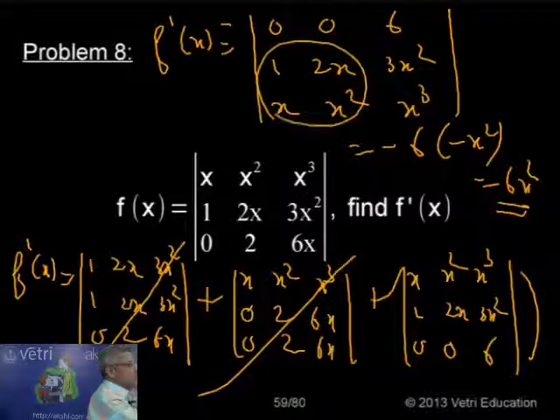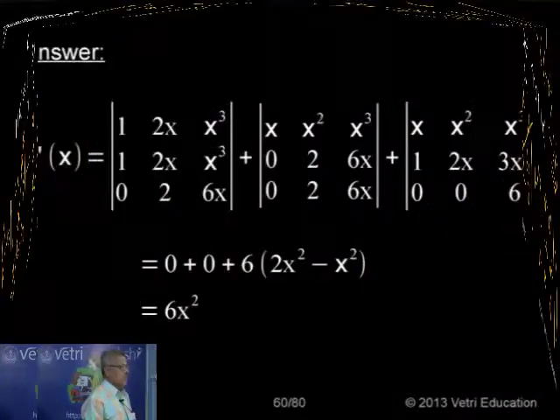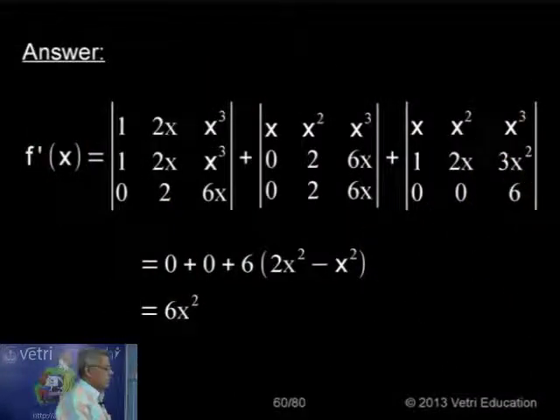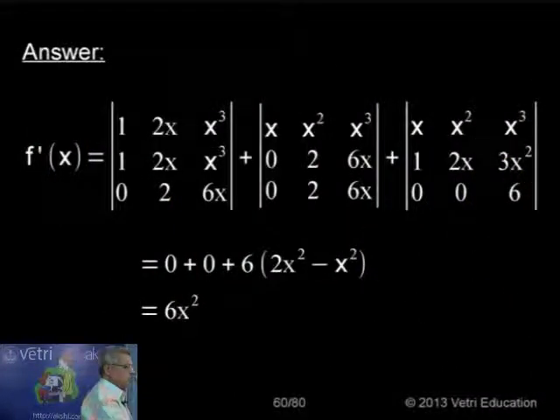So this gives x square minus 2x square minus x square. Therefore, plus 6x square is the answer. So, any determinant can be differentiated by this methodology. 6 into 2x square minus x square, x square. 6x square is the answer. So the correct answer is 6x square.